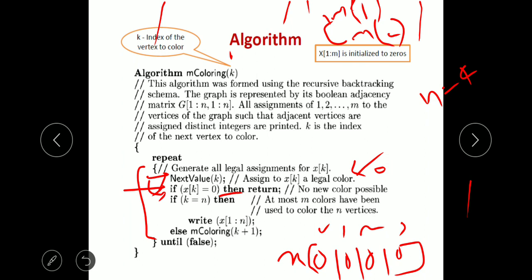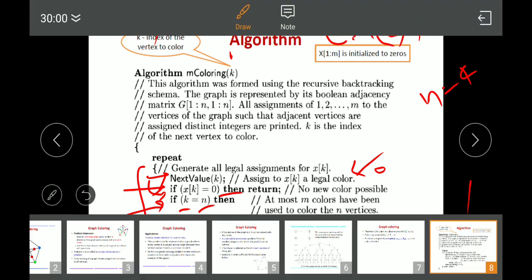And the other possibility is if all the vertices are colored with distinct colors, that is, if the condition k is equal to n becomes true, then you simply display the contents of the solution matrix. Otherwise, for the first time you have made a call to mColoring of 1, so it is assigned a proper color, and 1 is not the last vertex.